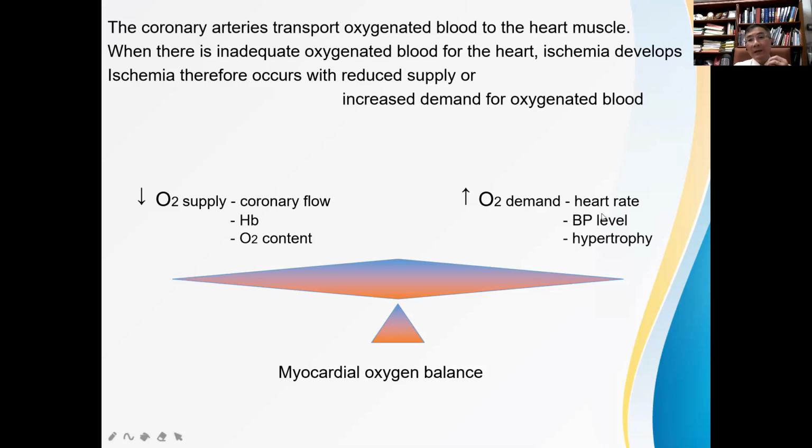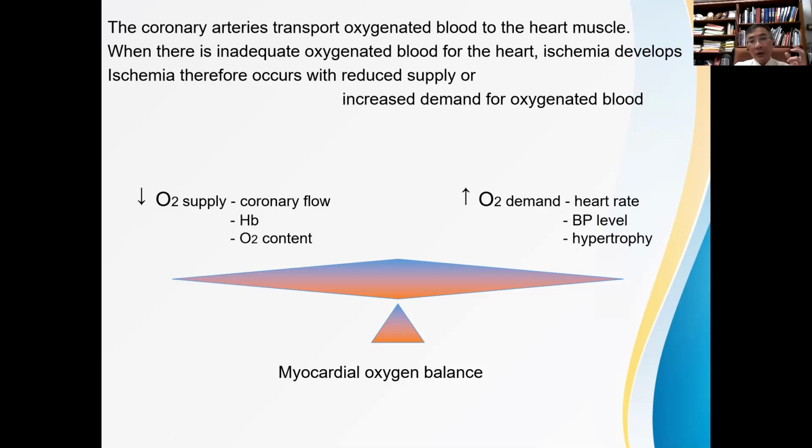On the other hand, if the heart rate goes up, if the blood pressure goes up, then the heart muscle needs more oxygen in order to supply this increased work. And if the supply is inadequate to meet this increased demand, then ischemia will also develop. Similarly, the hypertrophic muscle, the thick muscle or the swollen muscle, will also need more oxygen.